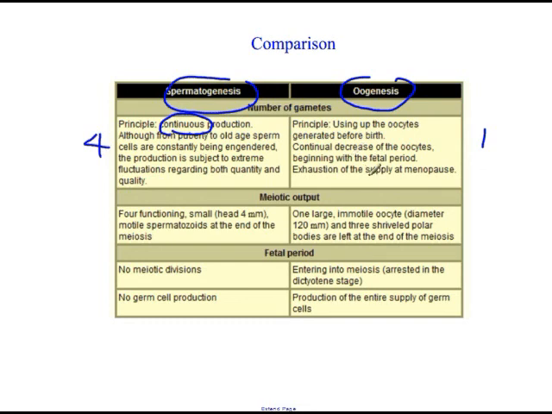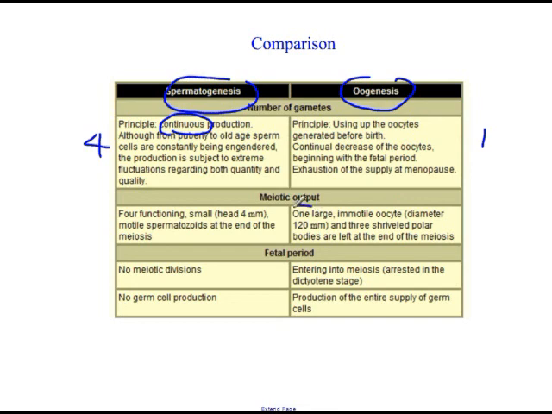Oogenesis is discontinuous. I'm looking for the word here, but I don't see discontinuous over here. Hopefully it would have said that there. In other words, it pauses at two places along the line. So once a month it has to be ovulated. That's the first place that it paused. And the second place it pauses is hopefully when it gets fertilized in the fallopian tube.